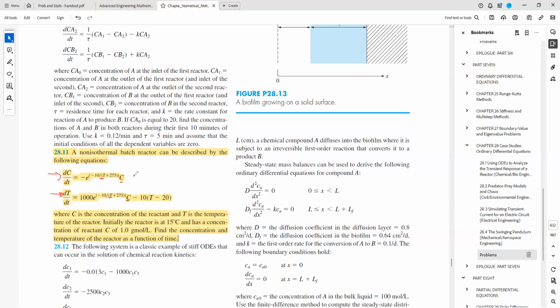So if you call this f of temperature and concentration, and you call this h of temperature and concentration, the only thing is time does not explicitly appear on the right side of both the equations. So it is not an explicit function of time. It only depends on temperature and concentration, which is what you're trying to solve for.